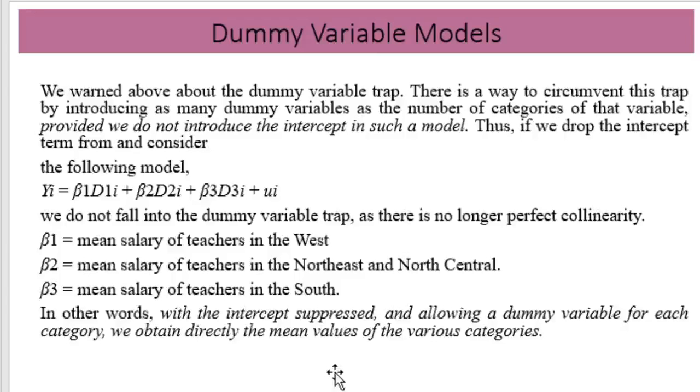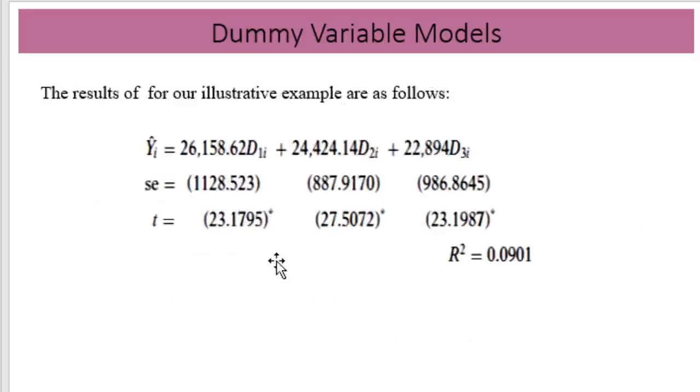In other words, with the intercept suppressed and allowing a dummy variable for each category, we obtain directly the mean values of the various categories. The results for the above example are given here without using the intercept term.